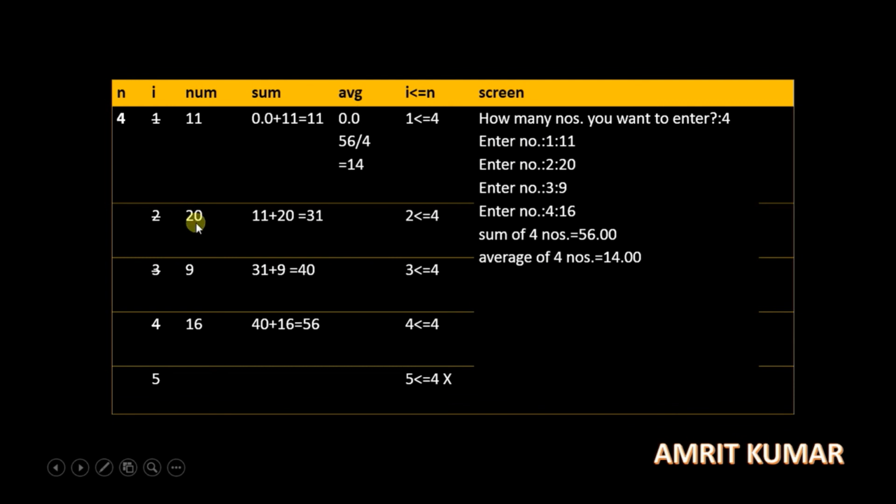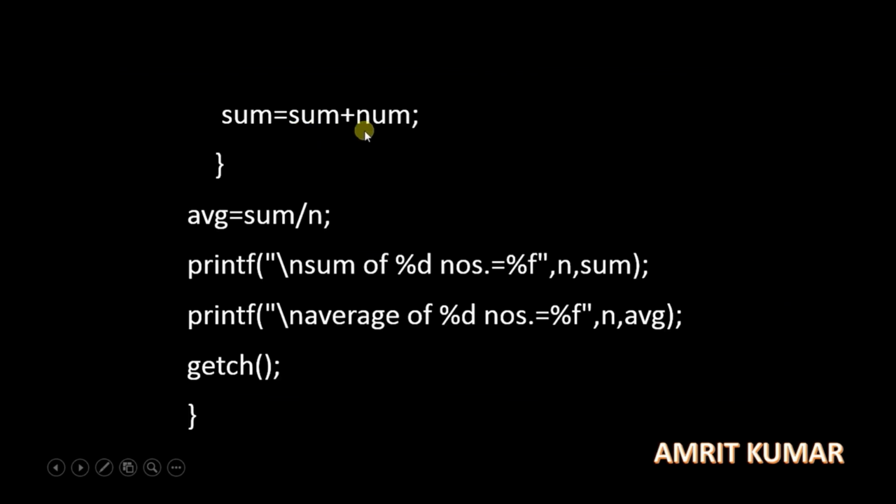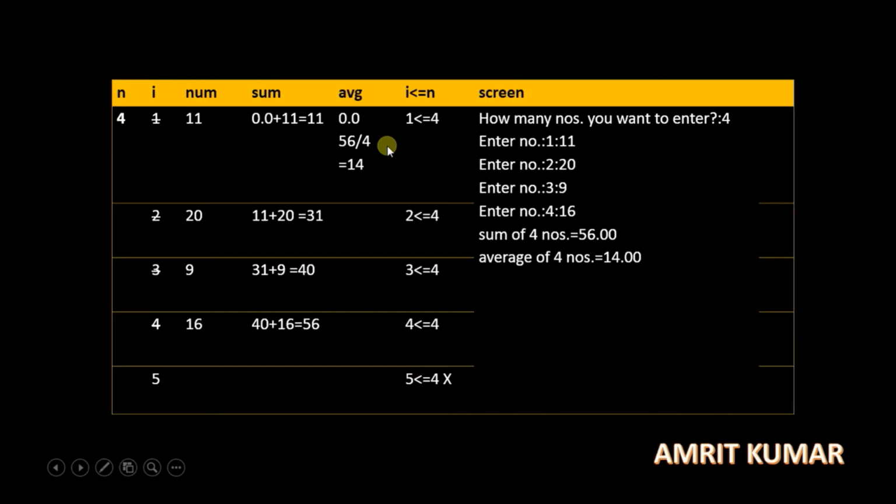So in the second statement the user has given us the num value 20. So sum has contained 11 in it. Therefore 11 plus 20 is going to be 31. In a similar way, in the third part, when i becomes 3, the user has given us 9. So 31 plus 9 is going to be 40. And when i becomes 4, the user has given us another number, that is 16 here.